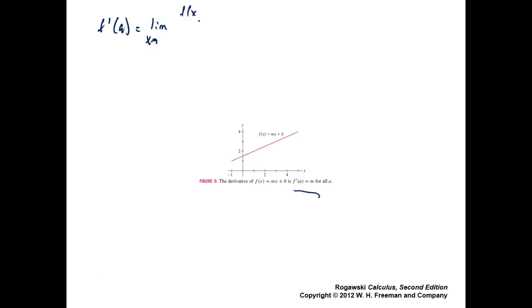Okay, call out to me the difference quotient because there's two different forms for it.